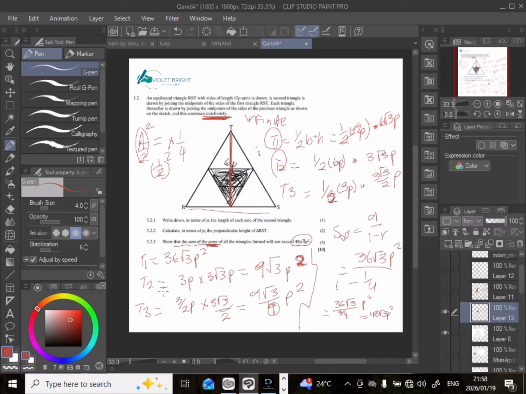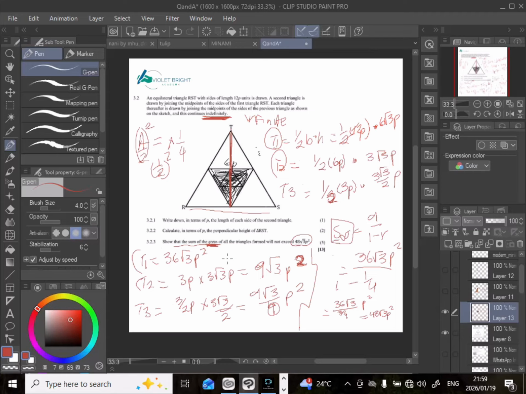Remember the ratio is T2 divided by T1. So we just say 9 root 3 divided by 36 root 3, then p squared, and it gave us 1 over 4. Then from there, since they're saying we must show that the sum of these terms will not exceed 48 root 3 p squared, and because it's an infinite number of terms, we just use the sum to infinity formula.